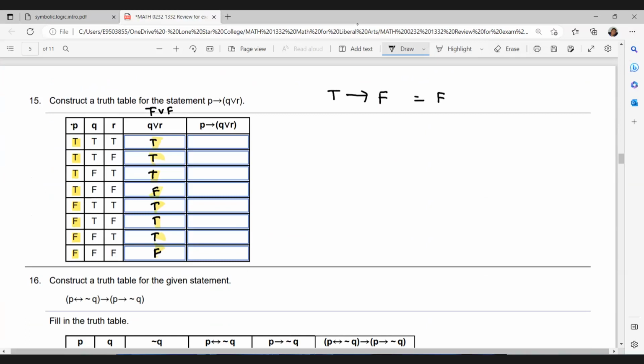Any other combination will be true. So true, true will be true, true, true, true, and then a false will be false, false, and then a true will be true. Again, this was the only combination where we had a true followed by a false, therefore the conditional will be false.